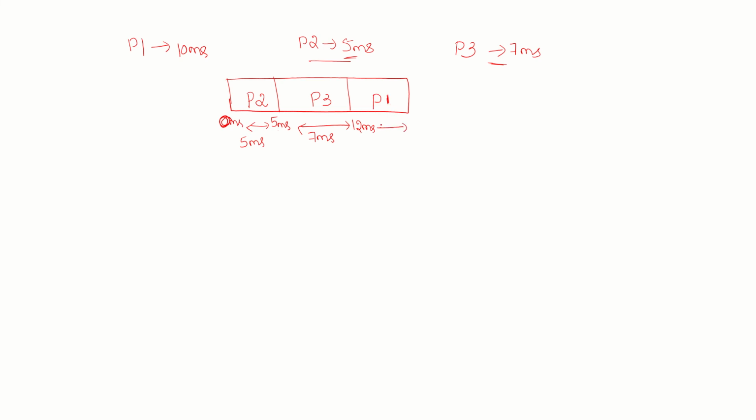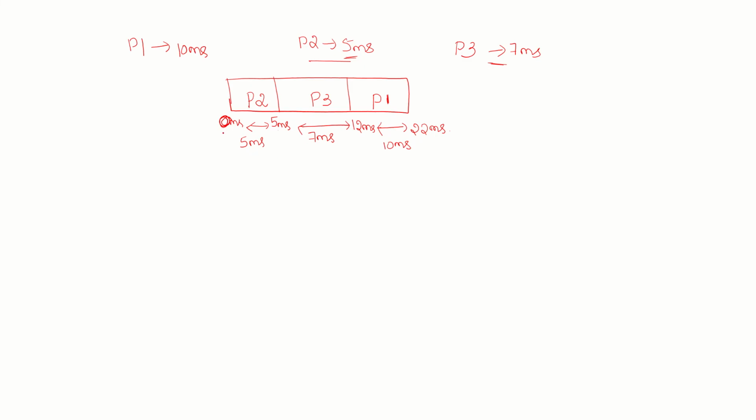Now the last process P1 comes into the picture. At 12 milliseconds it comes, and it executes for 10 milliseconds. So P1 completes execution at 22 milliseconds. Now by seeing this particular table only, we can find out all the turnaround times and the waiting times, isn't it? How?